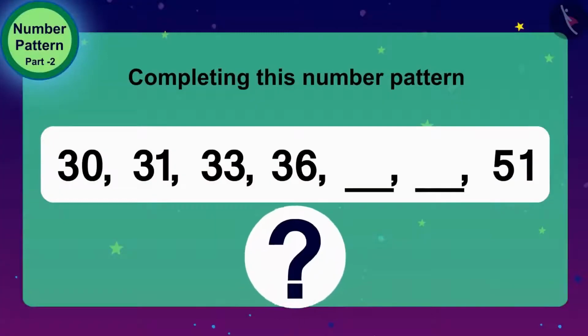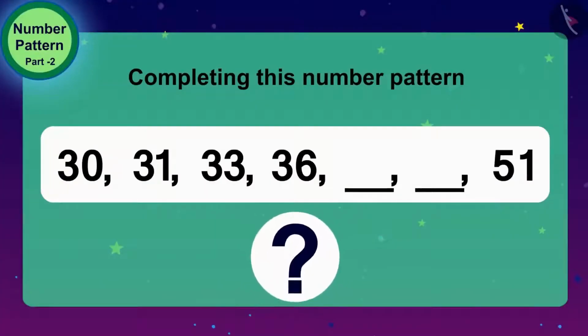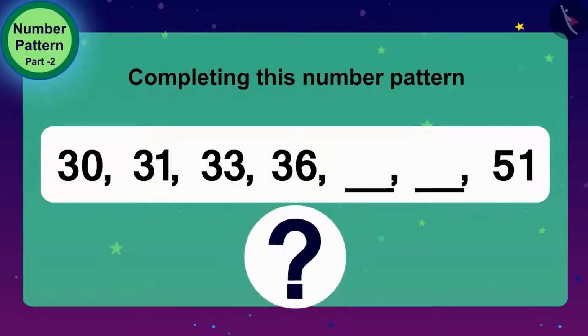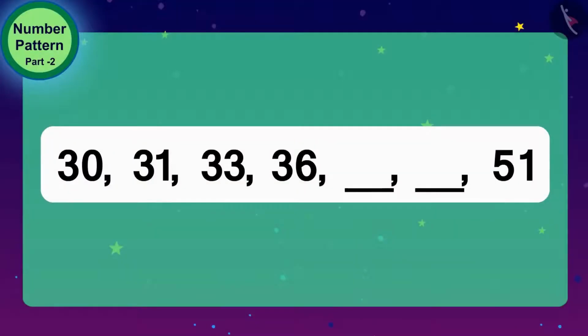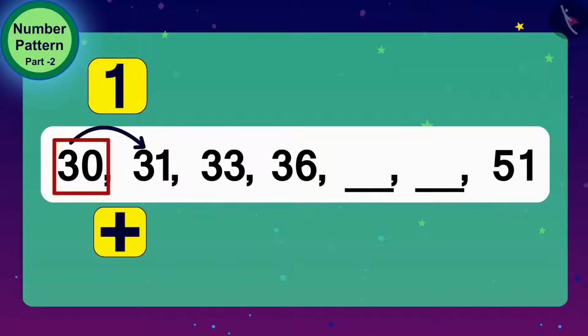Appu started wondering how he could complete this number pattern. Children, can you help Appu in completing this number pattern? Let us find the rule of this number pattern. What would we do if we had to reach from 30 to 31? Exactly. We will add 1 to 30.